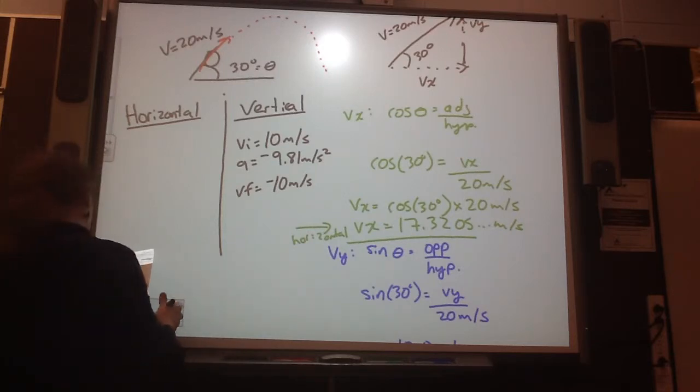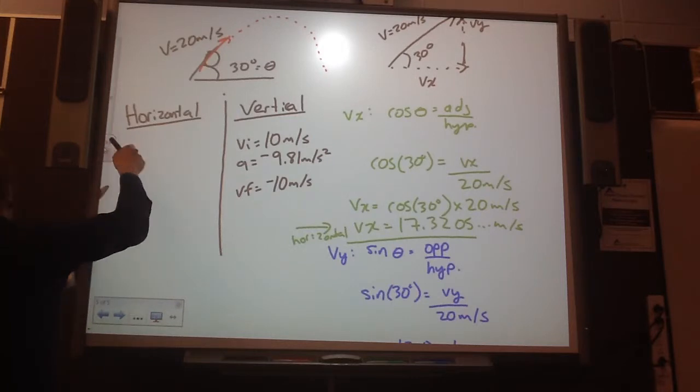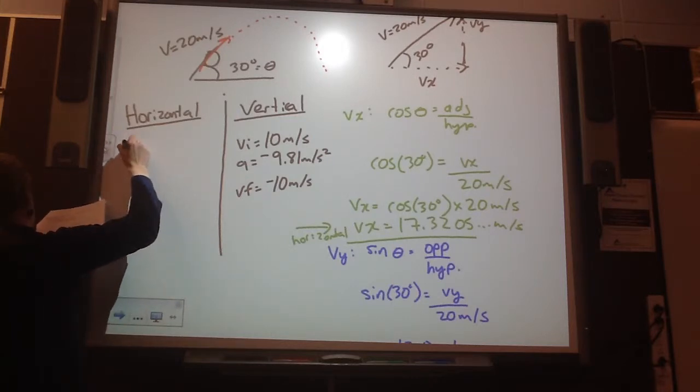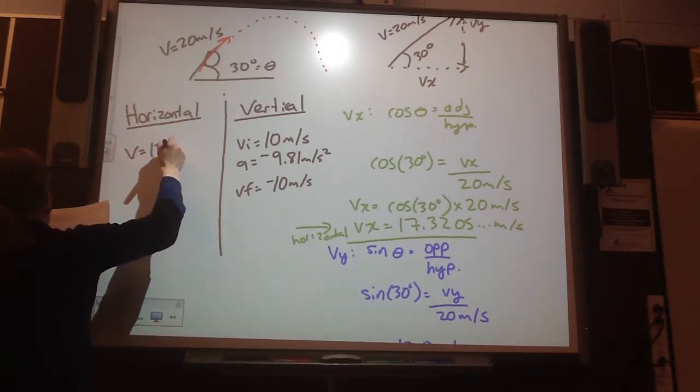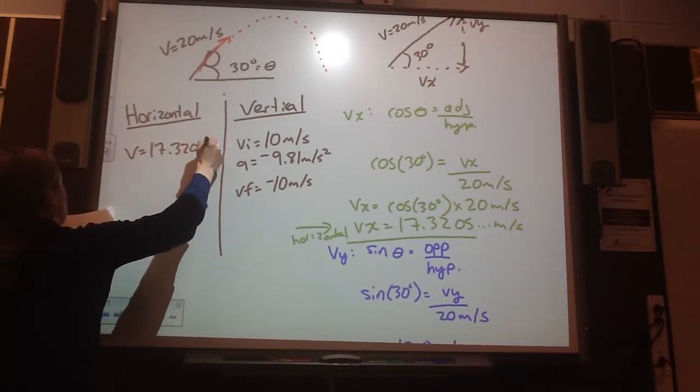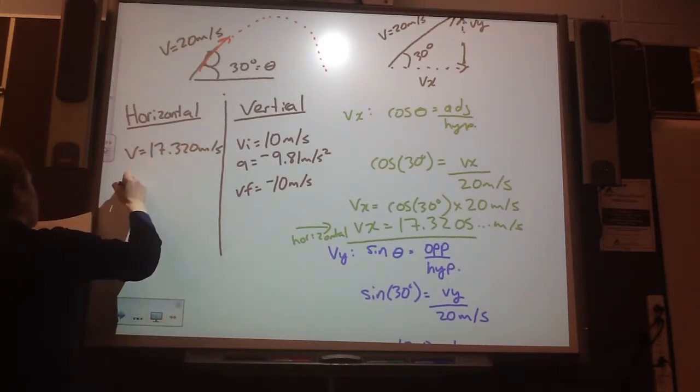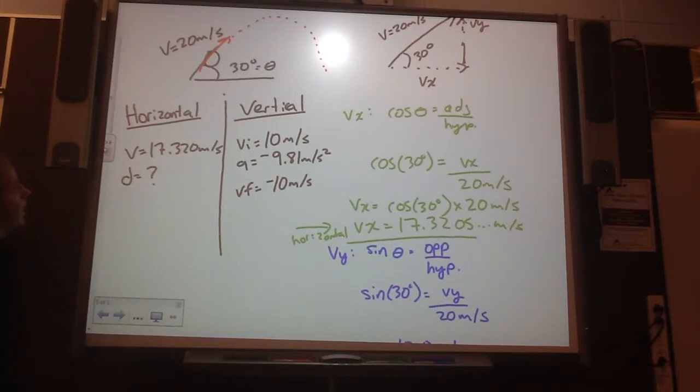Okay, so now I'm going to put everything I know for my horizontal. V is equal to 17.320 meters per second. My D is what I'm trying to figure out. That was one of the questions in here: how far does the object travel horizontally?